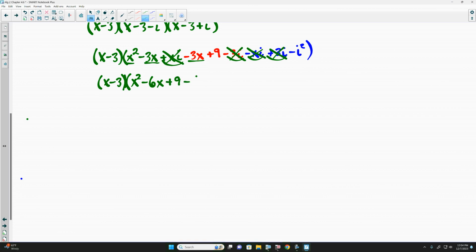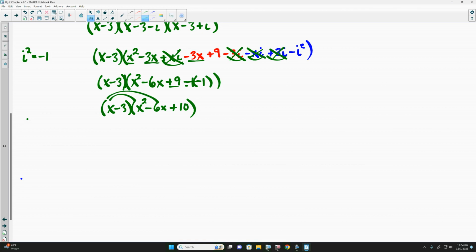Plus 9 minus i squared, by definition, is negative 1. So we have minus negative 1. Well, 9 minus negative 1 is the same as 9 plus 1, which would make this plus 10. Questions on how we got to this point here?